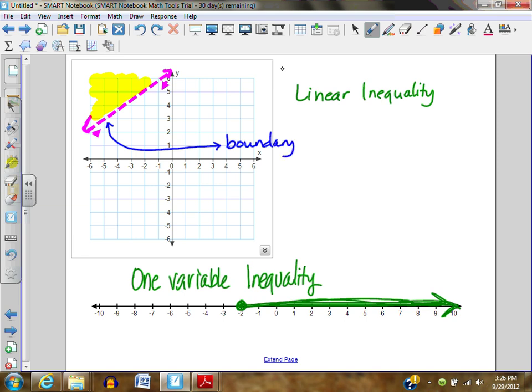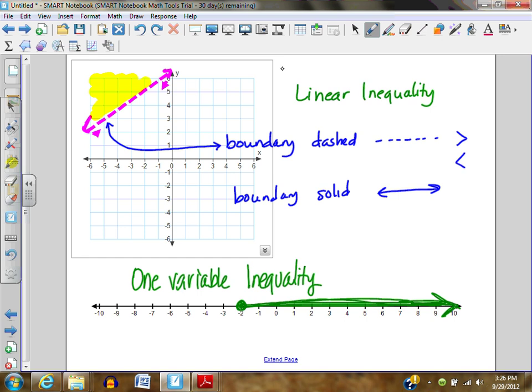There are two types of boundaries when you talk about linear inequality. There's the dashed, which look like that, of course. And then there's a solid boundary, which, of course, looks like that. When you have a dashed boundary, it is a result of graphing something that has a greater than or a less than sign.